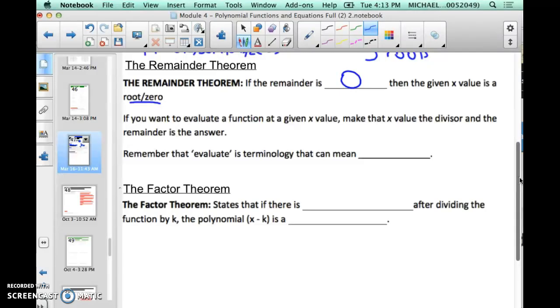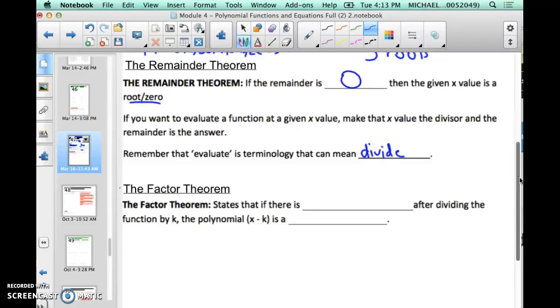Alright? So if the remainder is 0, then that value is a root or a 0 of that polynomial. Now remember that evaluate is just another word for divide. And that's what we're going to do.